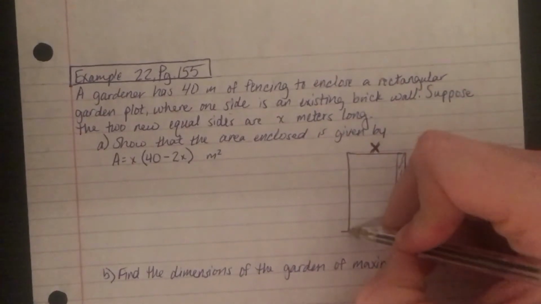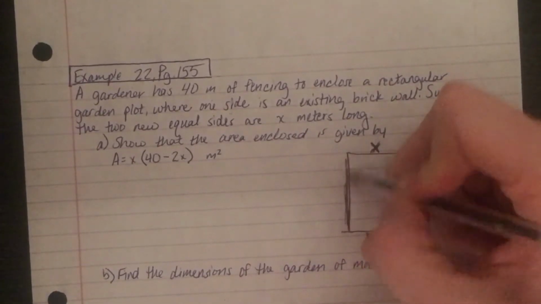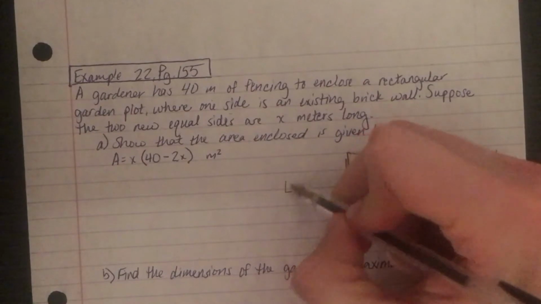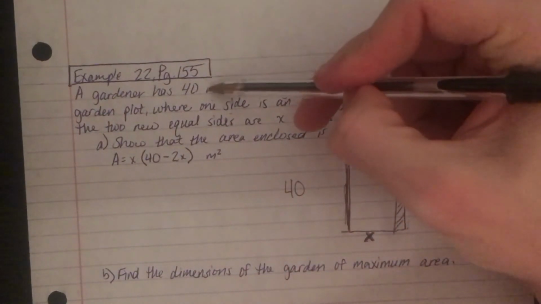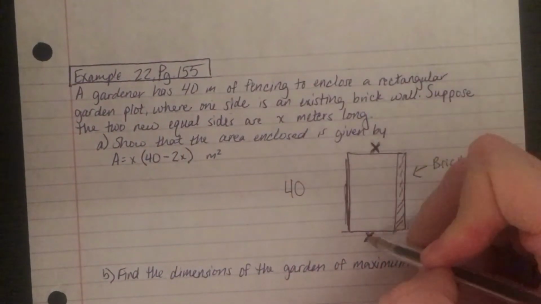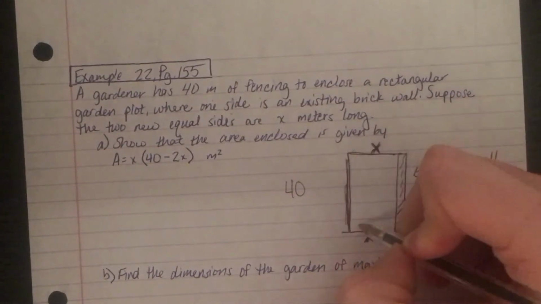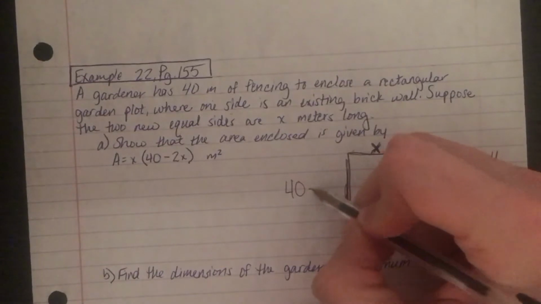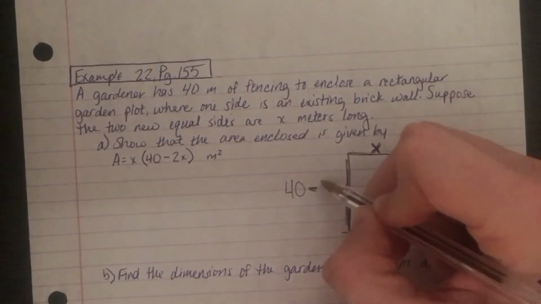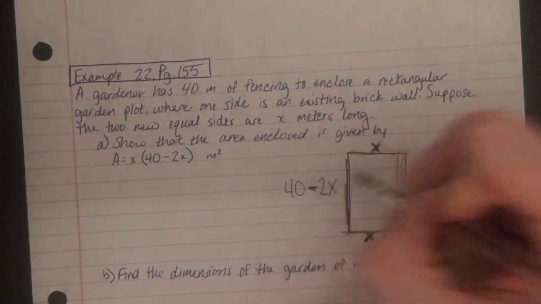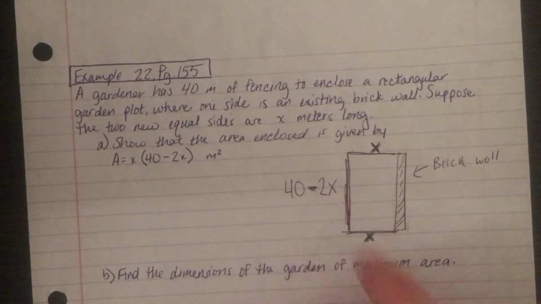To get this dimension right here, I'm going to take the amount of fencing that I have, 40, and subtract x twice, because whatever I use for this, I can no longer use for this. So I'm going to call this 40 minus 2x.